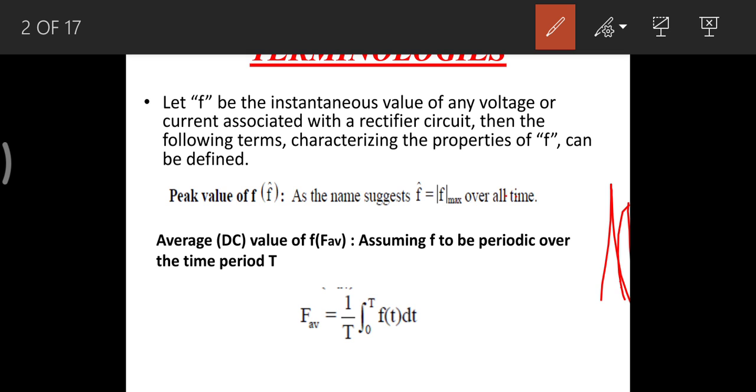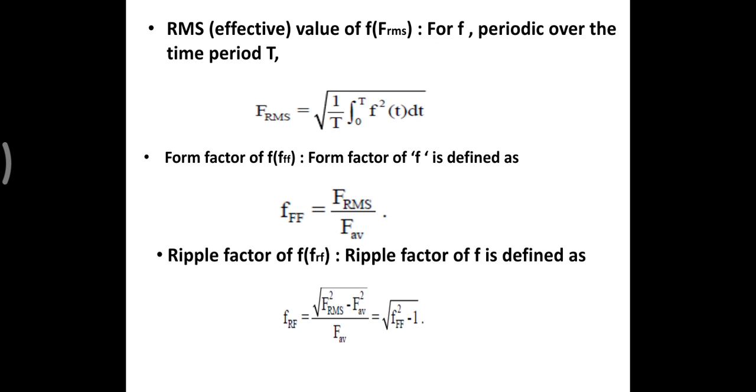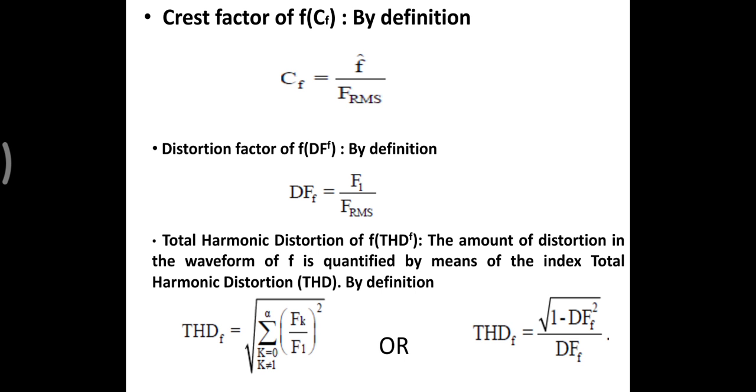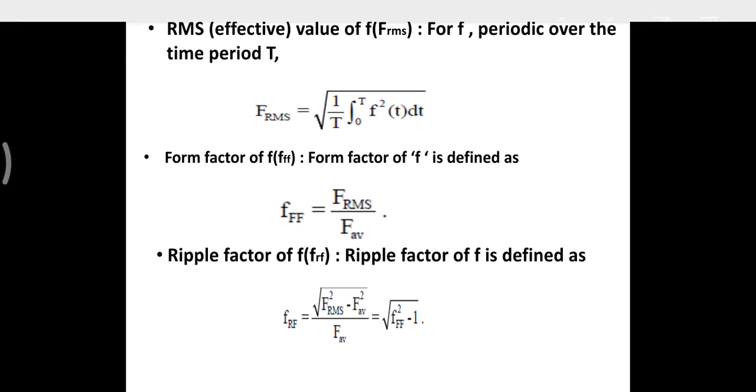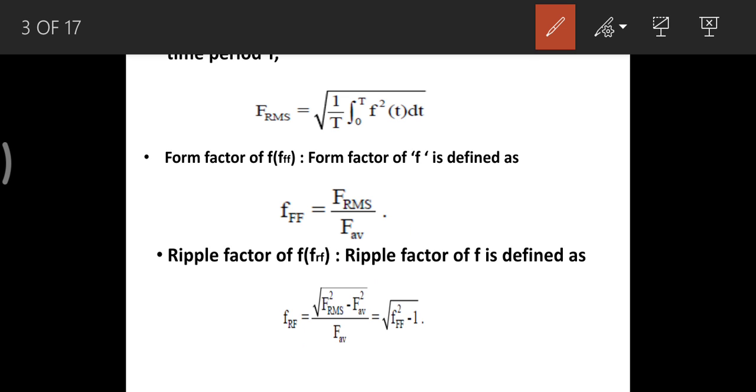Okay? Next, RMS value. The RMS value is expressed as 1 by T. See here, this is f RMS. If we want to discuss voltage, at that time we write V RMS.